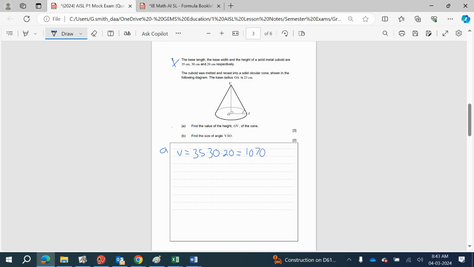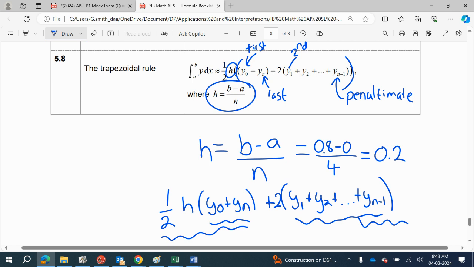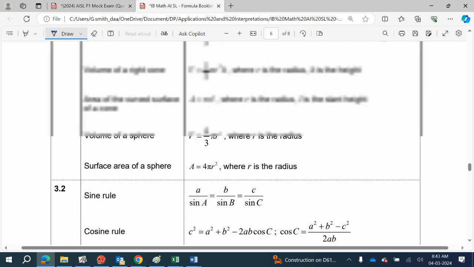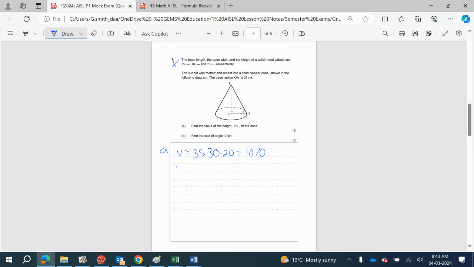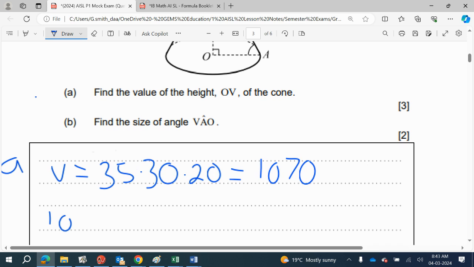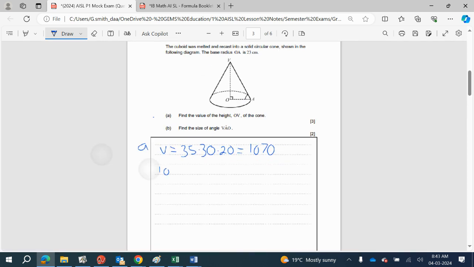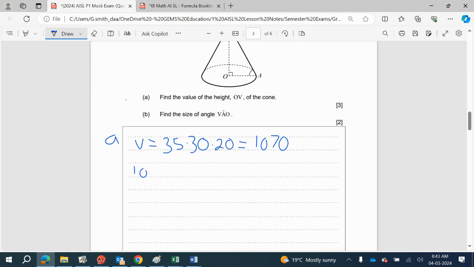Then we look at the formula for a cone. The volume of a right cone is given by a third pi r squared h. So 1070 is equal to a third pi.